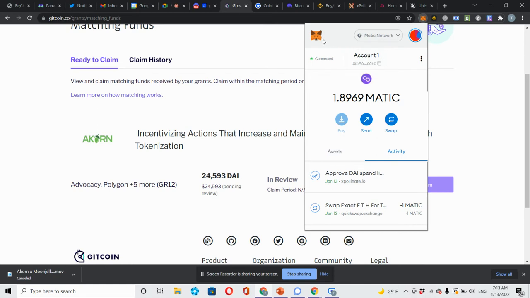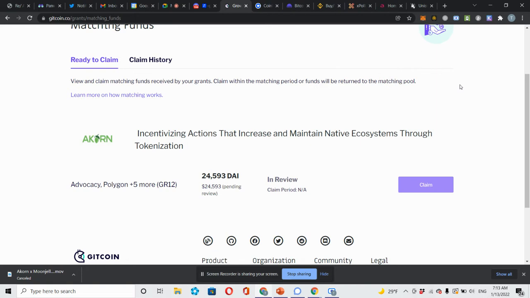MetaMask is one of the preferred wallets within the decentralized world, just because of what is built up so far. Another one that's potential is Binance Wallet, but that isn't as good as MetaMask, in my opinion.